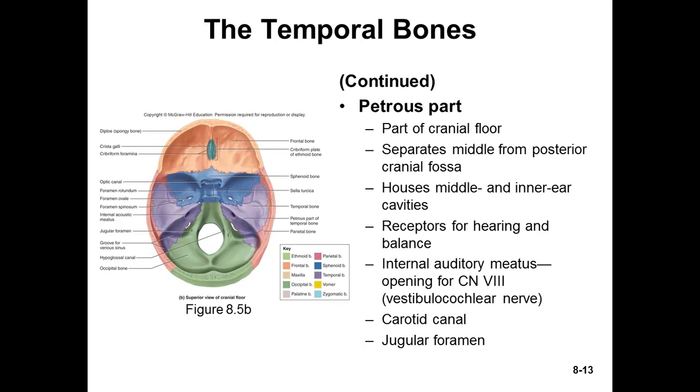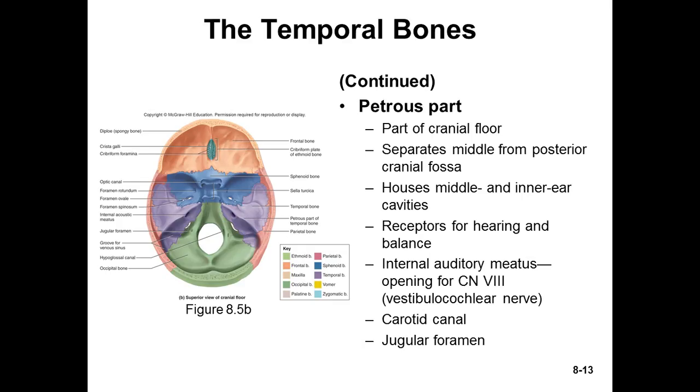So in your textbook, page 239, under number 4, it says the vestibulocochlear nerve, which is, of course, italicized, carries signals for hearing and balance from the inner ear to the brain. So that's cranial nerve 8. You also have a carotid canal. That's a very, very important canal because your carotid artery actually travels through there.